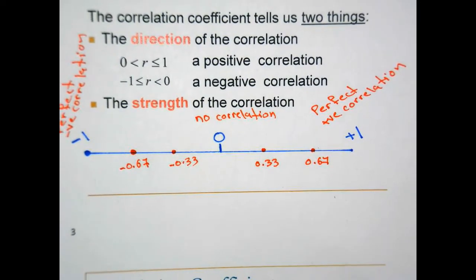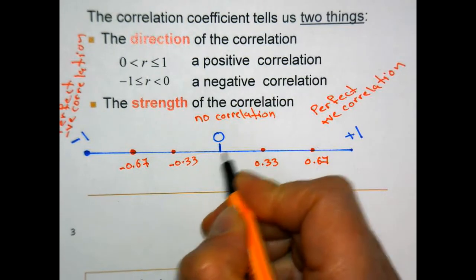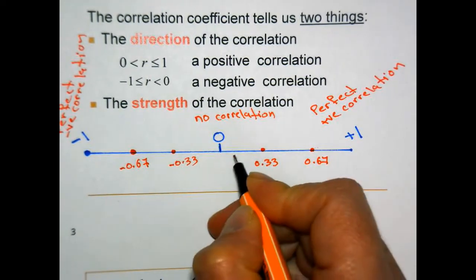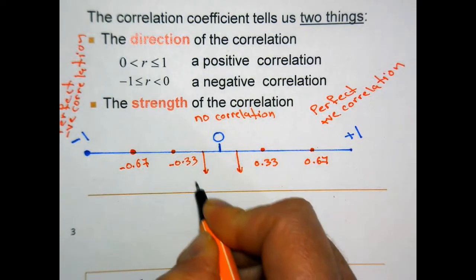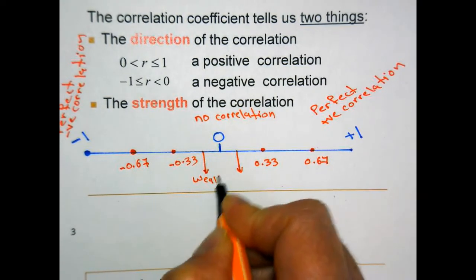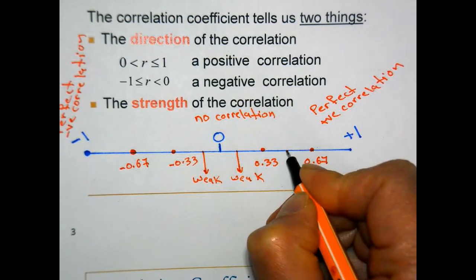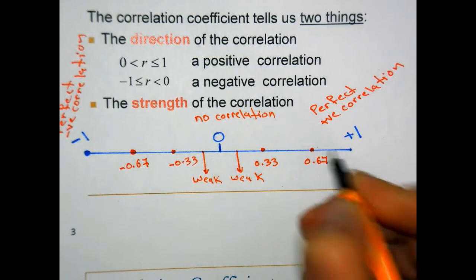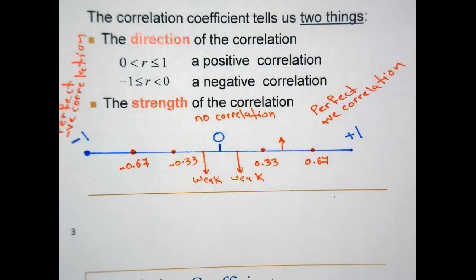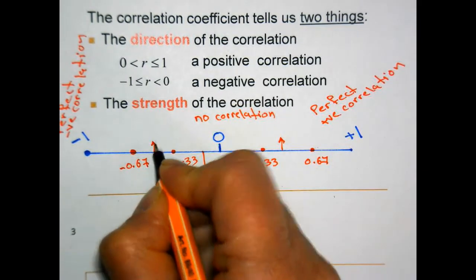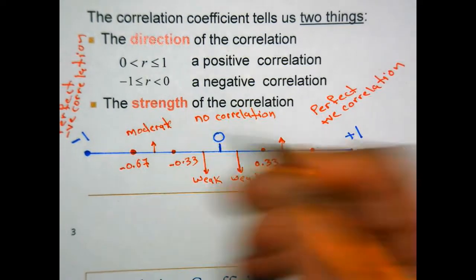Now, anything between 0 and 0.33 or 0 and -0.33 is considered weak correlation. Anything between 0.33 and 0.67 or -0.33 and -0.67 is called moderate correlation.